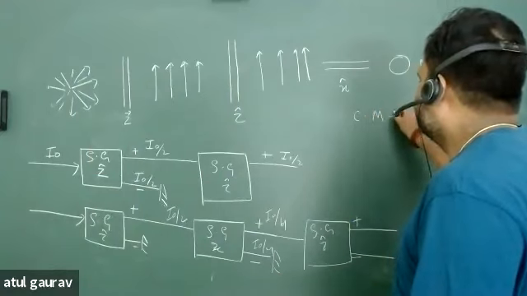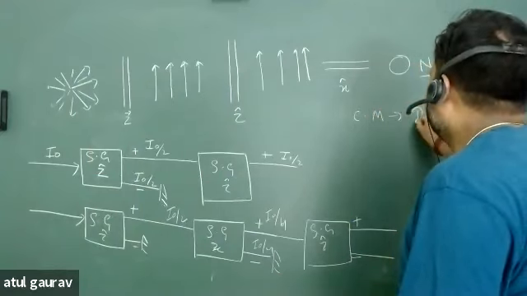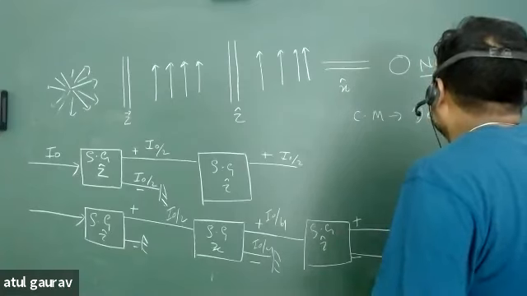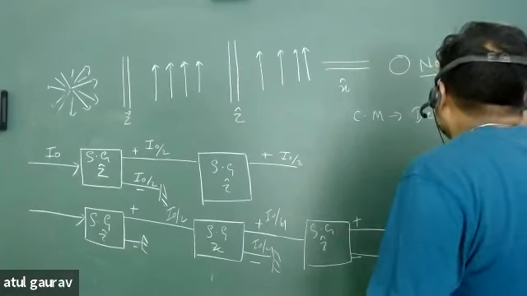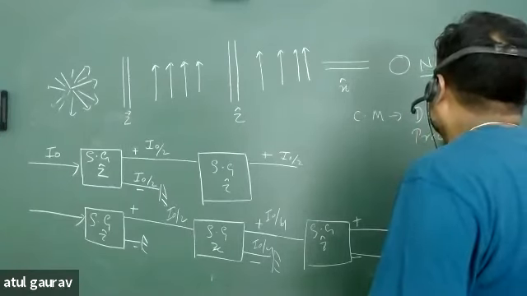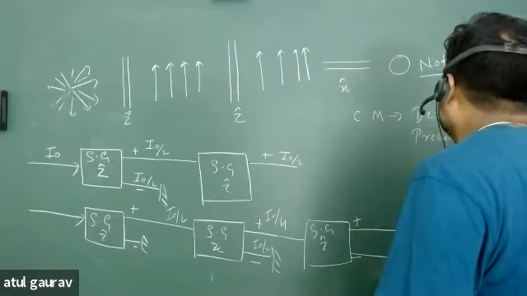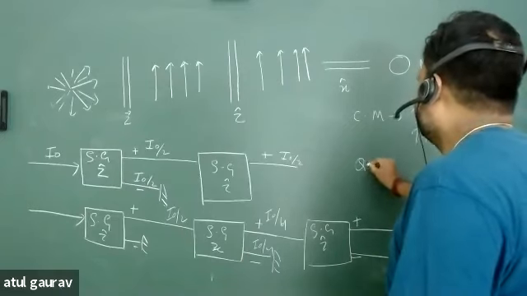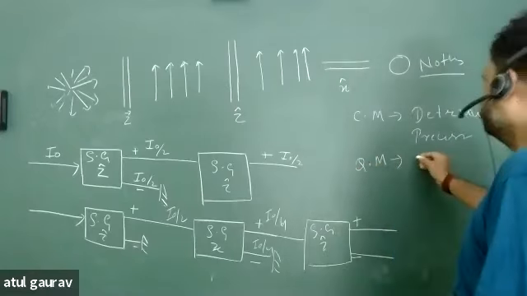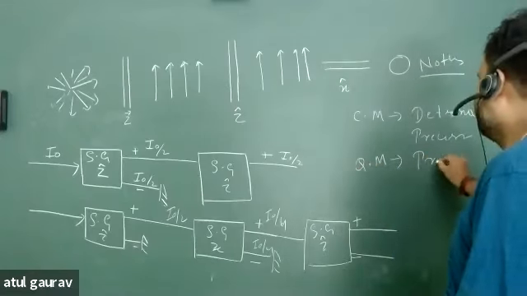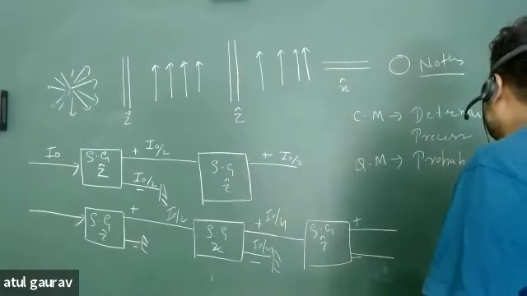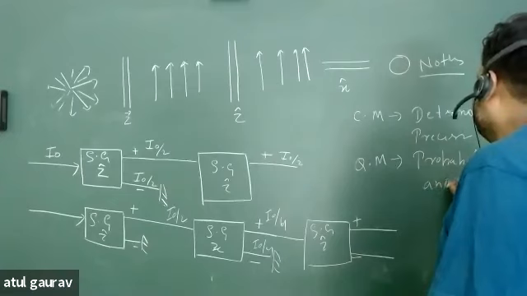Classical mechanics is all deterministic and precise. What quantum mechanics is all about is probabilistic and random.